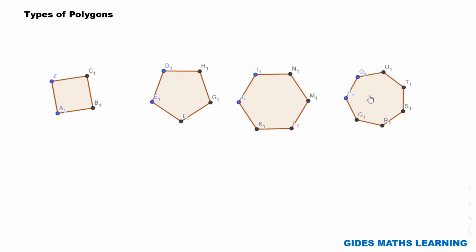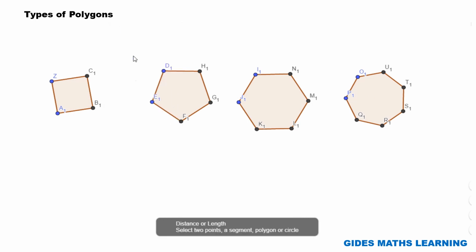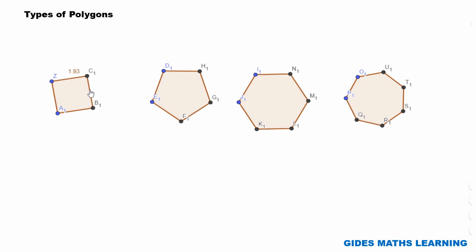Now we're going to look at the sides. Let's measure the size. This is 1.93. Good. So this is a square and it's a regular polygon because all the sides are 1.93 centimeters. The same thing. Now let's look at the pentagon.